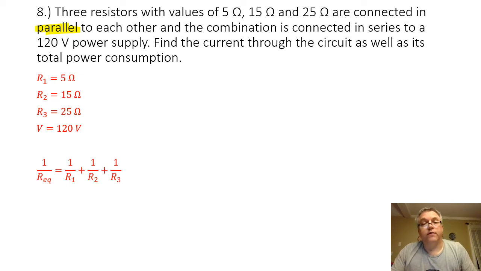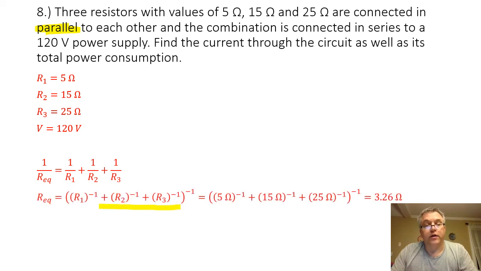Now that's kind of hard to put into a calculator, so we're going to rewrite this equation in a calculator-friendly way. So now I can just put in the inverses of each of the individual resistors, add those up, and take the inverse of that sum. When I do that, I'm going to get an equivalent resistance of 3.26 ohms.